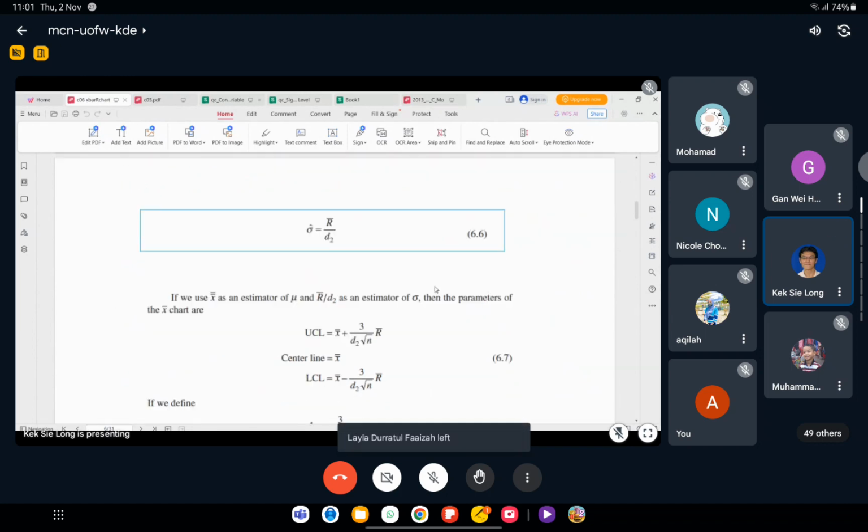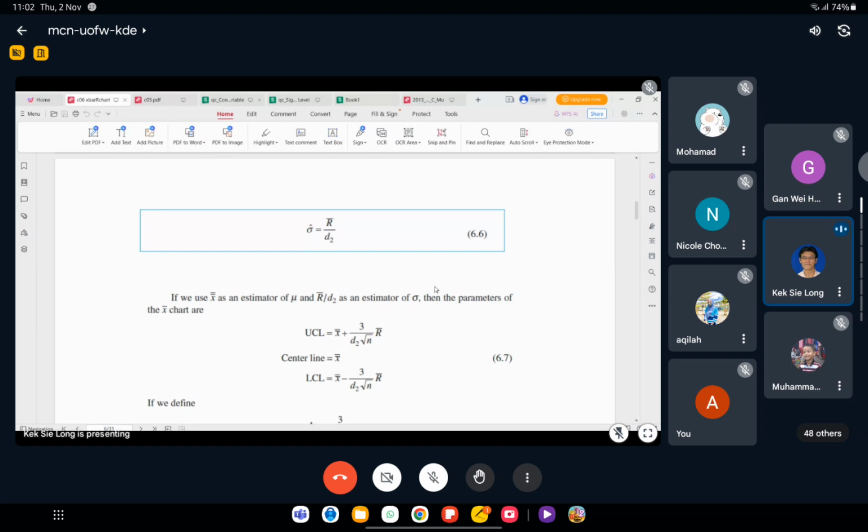Okay, now we use x bar bar as the estimator of mu, and R bar divided by d2 as the sample standard deviation, or we say the estimator of sigma, and then the parameters of the x bar chart. When we mention the parameters of the x bar chart, these parameters refer to UCL, center line, LCL.